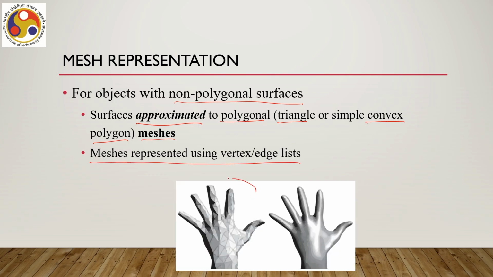So, for example, this hand here, there is no intuitive way to create a polygonal mesh to represent the hand because the surfaces are curved surfaces.